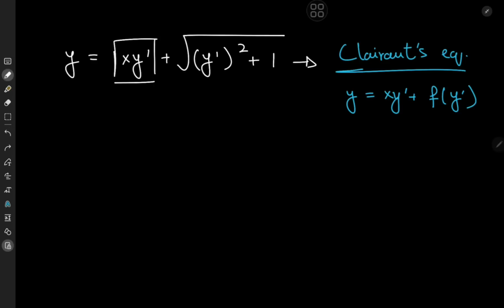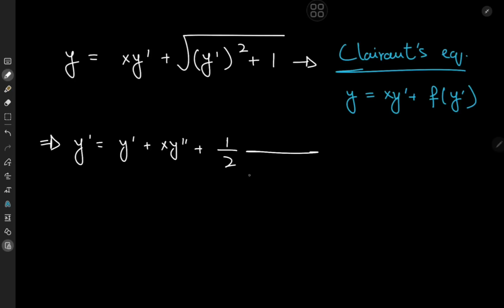So a hint could be to differentiate the whole thing one more time, and that would mean we would have y prime equal to, applying the product rule here, y prime plus x times y double prime, and now we need the power rule, so that's 1/2, and here we would have root y prime squared plus 1, and upstairs, because of the chain rule, we have 2 times y prime y double prime, where we have some nice cancellation as well.